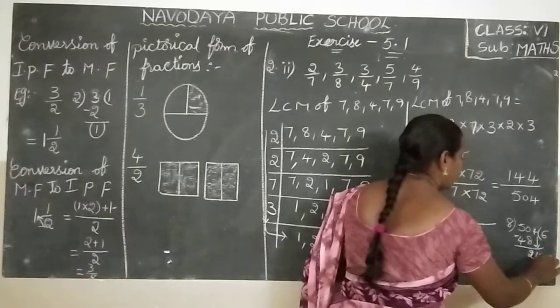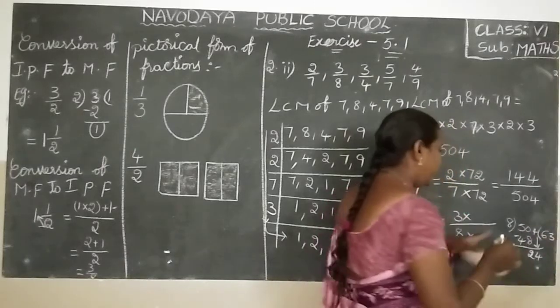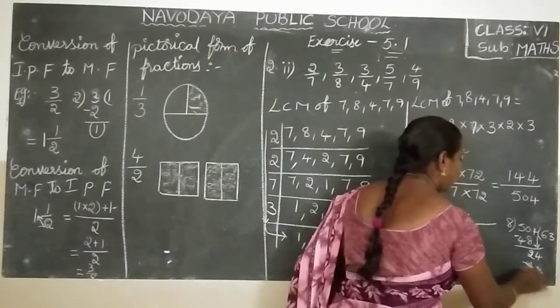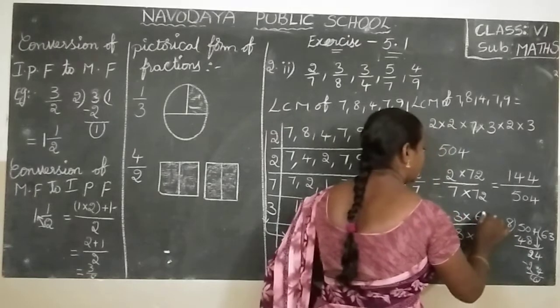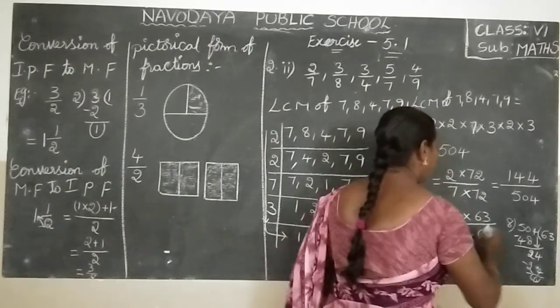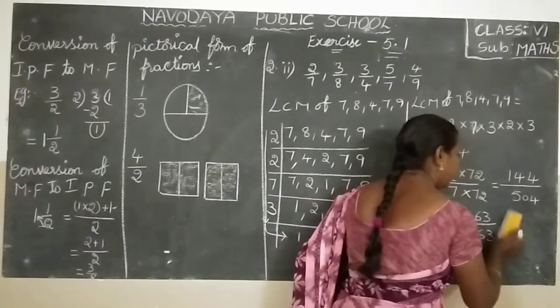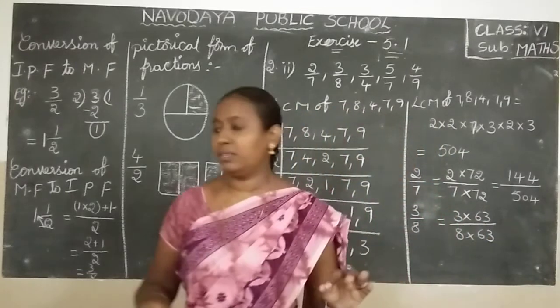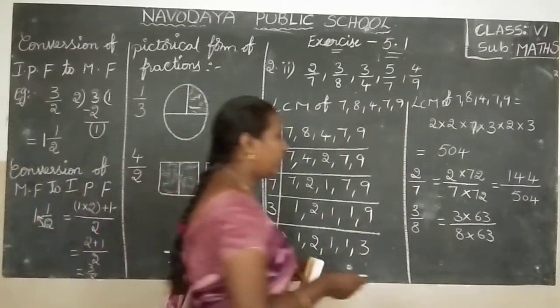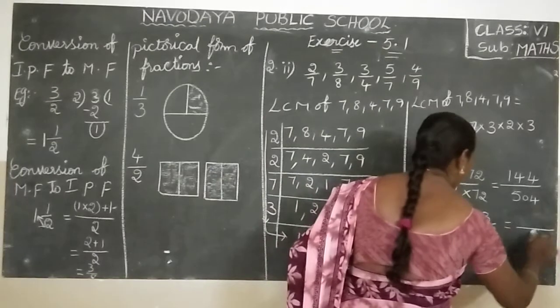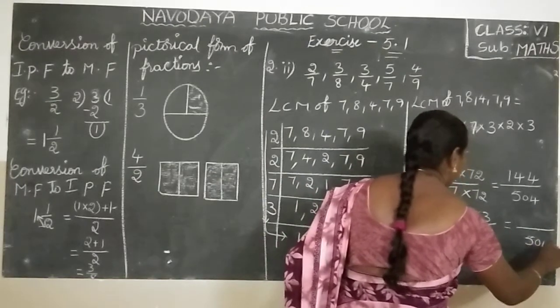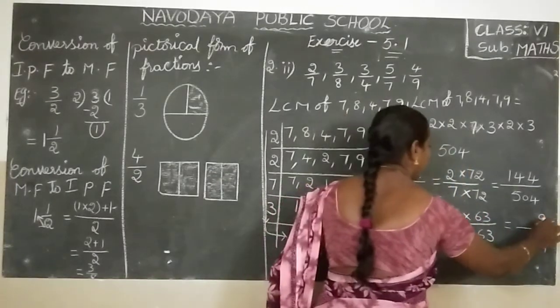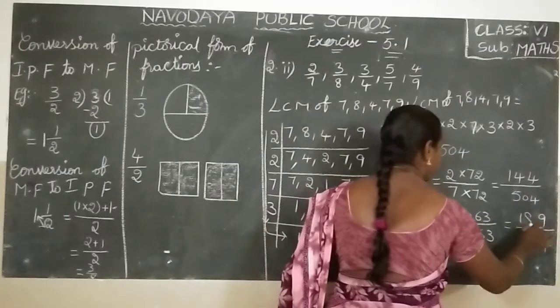We have to take 4. 24 in 8, 3 times. So 63. So we have to multiply the numerator and denominator by 63. So 3 into 63 is 189, and 8 into 63 becomes 504. 3 3s are 9, 6 3s are 18.